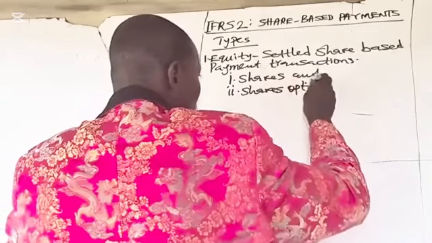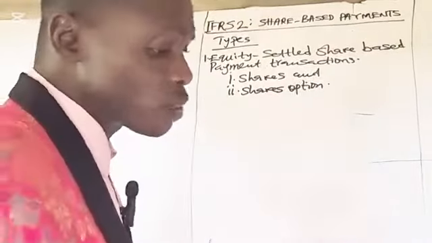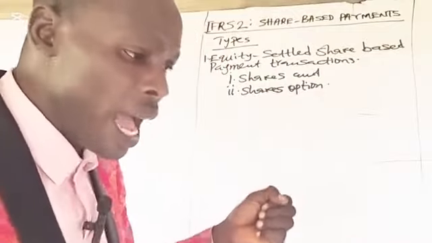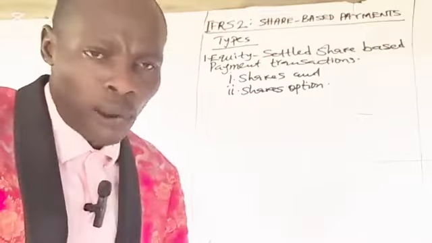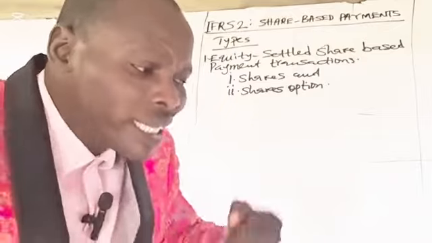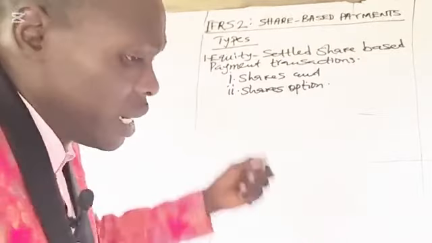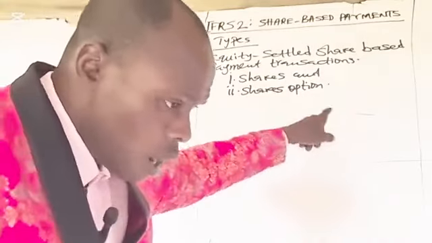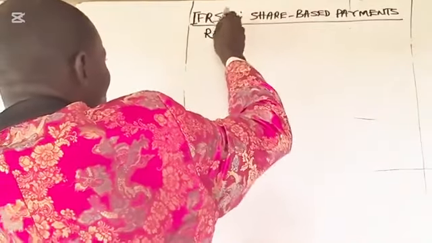I've told you equity settled share-based payment is where the entity pays for goods or services by issuing equity instruments, which include shares or share options.